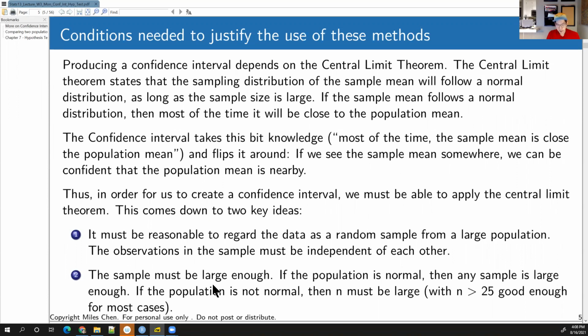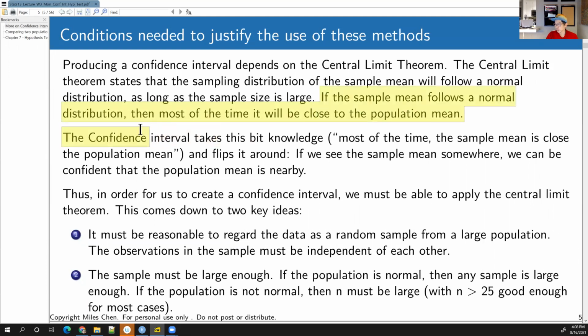It is important to remember that whatever we're doing, when we do confidence intervals, and then later on today, we're also going to look at the hypothesis test, these ideas revolve around the central limit theorem, and we talked about the central limit theorem earlier. That's the idea that no matter what your population looks like, if you take a sample that's large enough, the resulting sampling distribution looks like the normal distribution, right?